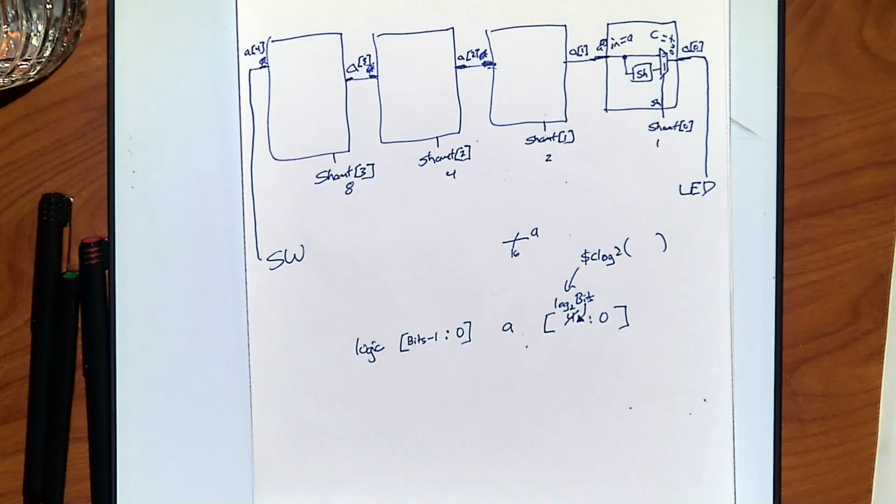We want these to be parameters, but not just any parameters. We're going to generate things, right? If you build as you're going, then it has to be built before you start running the code. So the generate statement inside this little module has to be able to be evaluated before running.